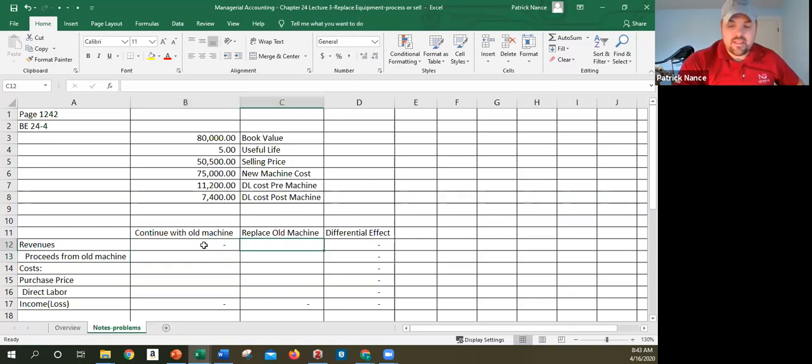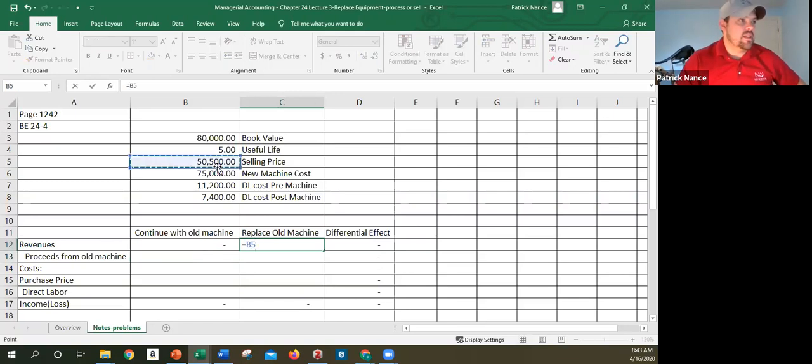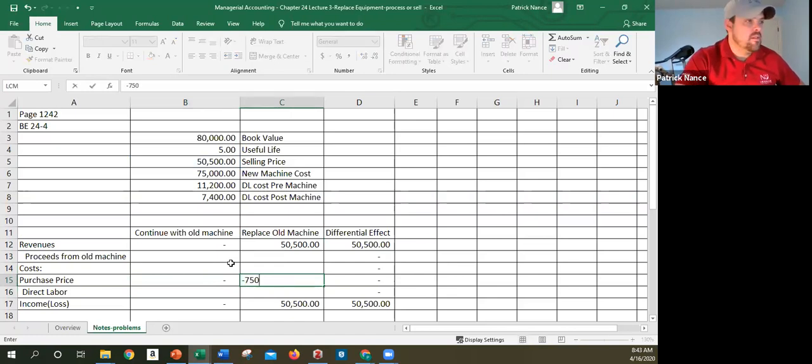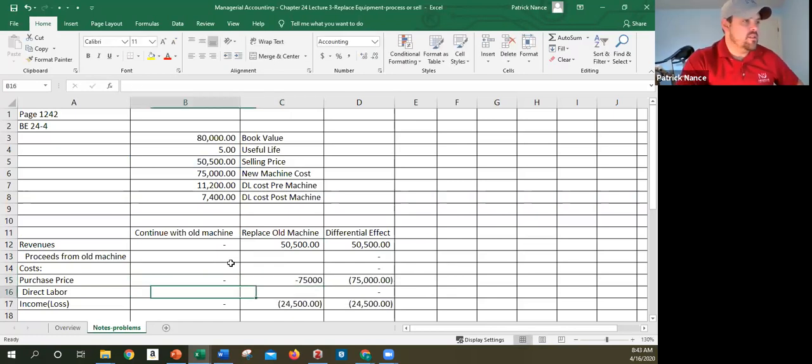But if I replace it, I receive $50,500 cash for selling it. Now, as far as my costs go, if I continue with the old machine, I'm not going to be buying anything, so there's no purchase price. If I buy the new machine, it's $75,000.